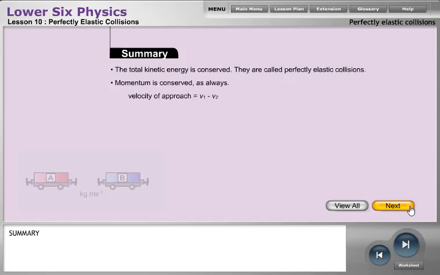Velocity of approach equals v1 minus v2. Velocity of separation equals v2 prime minus v1 prime.